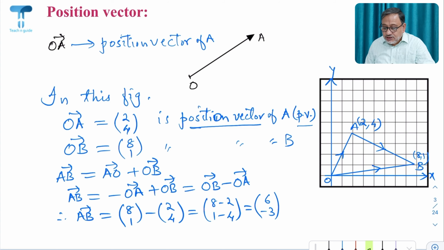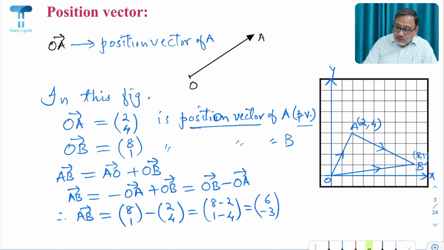Okay, 6 and minus 3 is the position vector of AB, or finally the vector AB. Okay, its position vectors are 8 and 1 and 2 and 4. Okay, so AB can be represented in terms of its position vectors OB minus OA.